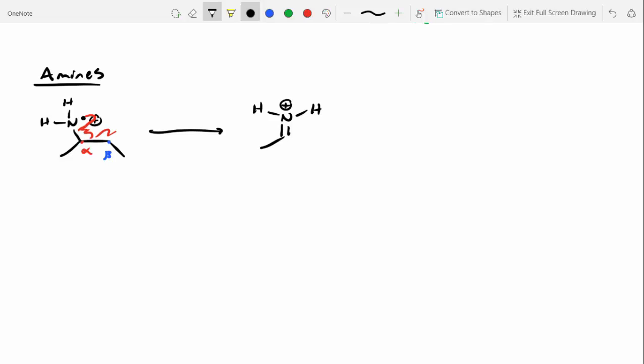Now when we do this, this nitrogen has a positive charge. So we formed an aminium ion, and this can be resonance stabilized, where we can move this pi bond up to this nitrogen and delocalize that positive charge across the carbon.